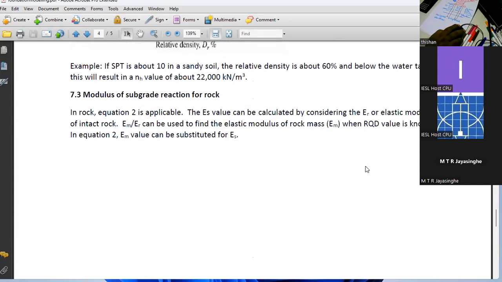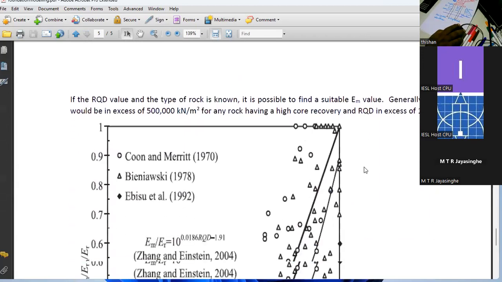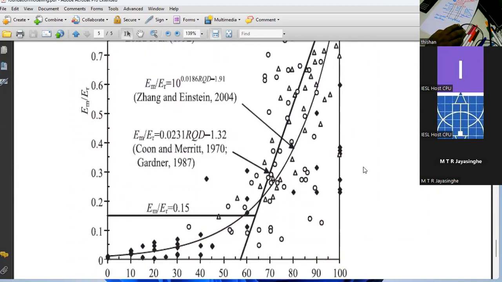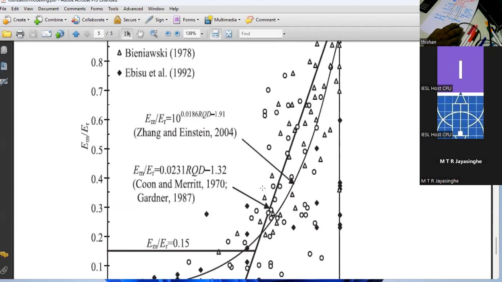And then in the case of rock, if you know the RQD value, you can always use some of these curves and get a value.